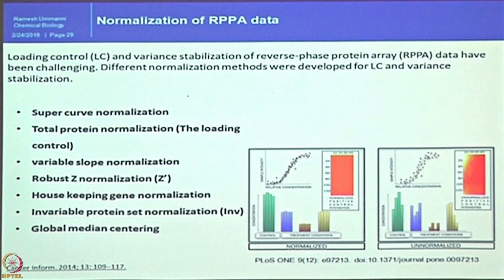So, loading control and variance stabilization of RPPA data have been challenging. So, different normalization methods were developed for LC, that means loading control and variance stabilization. One among them is a supercurve normalization, total protein normalization, the variable slope normalization and robust Z-score normalization methods.